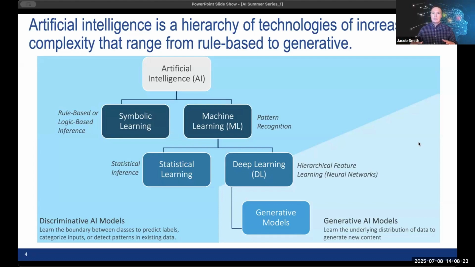So within machine learning, there are two kind of big buckets that I want to discuss today. One is statistical learning. This is basically taking a set of data, maybe for instance, if you're in manufacturing, you have sensors on a particular machine, you're measuring a few different things, you have it in a spreadsheet, then you can do machine learning on that data to find patterns within that data.